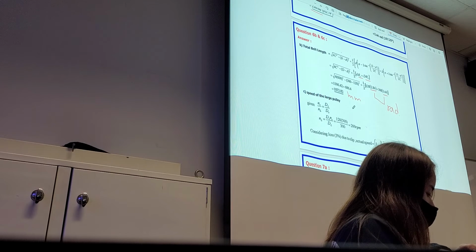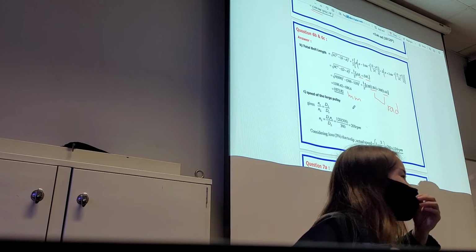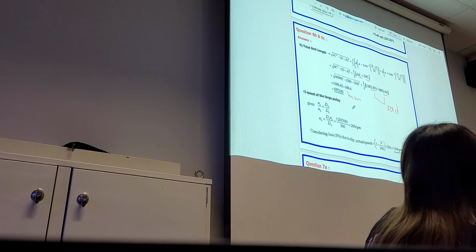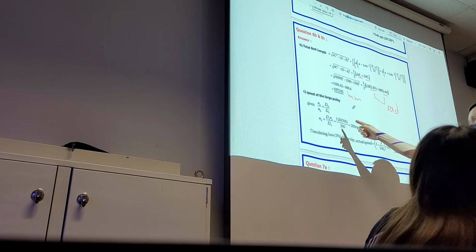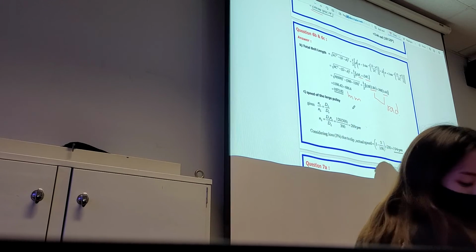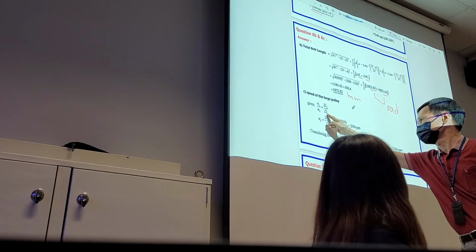Okay, so you can see here, small n represents the rotational speed. We put S for small, L for large. Then the speed, basically the smaller pulley will spin faster. So on the right side it should be DL versus DS.